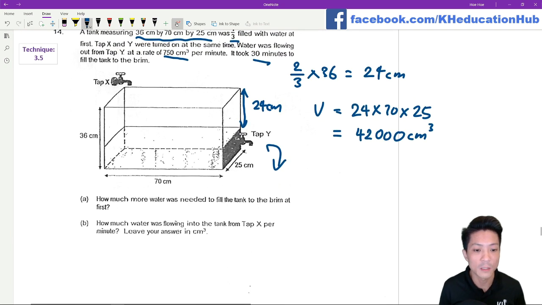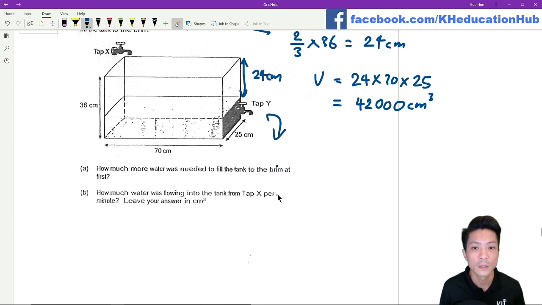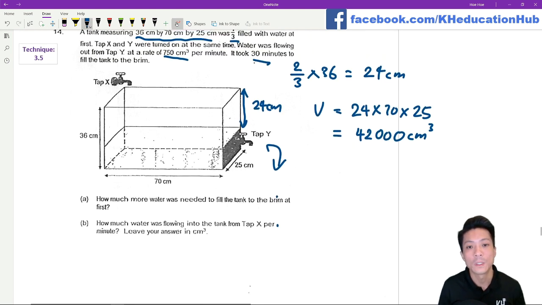Part B, how much water was flowing into the tank from tap X per minute? Leave your answer in cm cube. We know that it took 30 minutes to fill the tank to the brim.